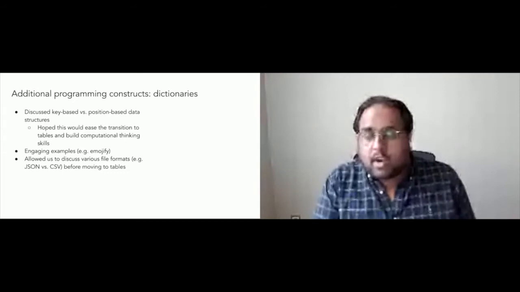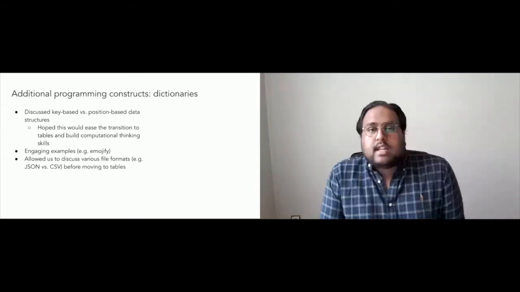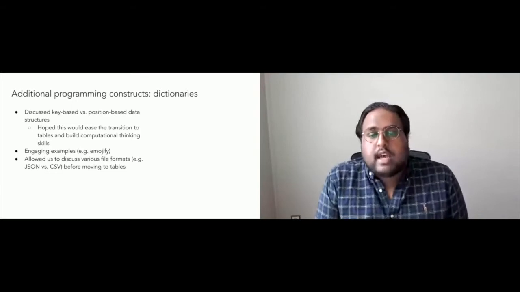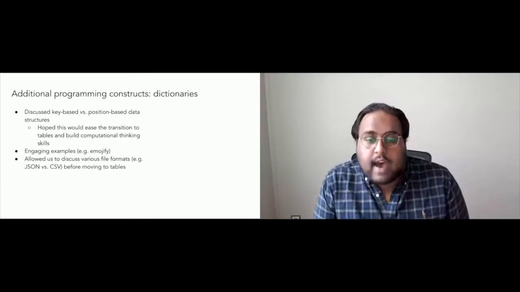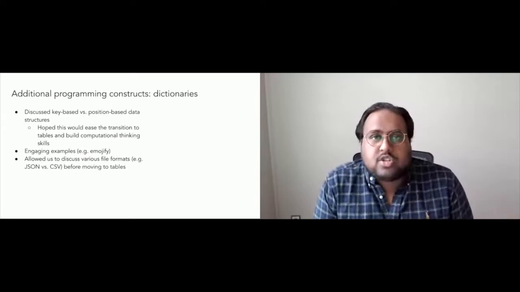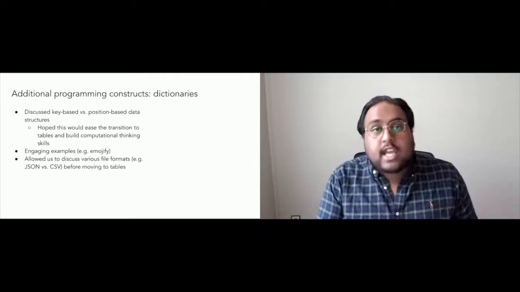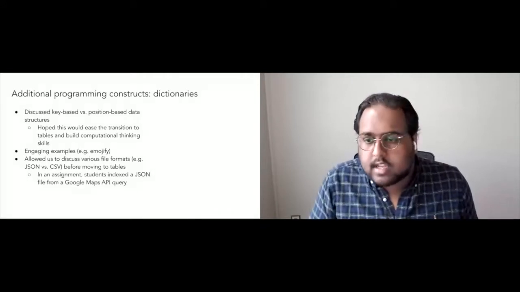And so in the same homework that we just looked at, homework 4, students had to index a JSON file that came from a Google Maps API query to extract the longitude of a business or something like that. So we had students get a taste of what non-tabular data looked like as well.